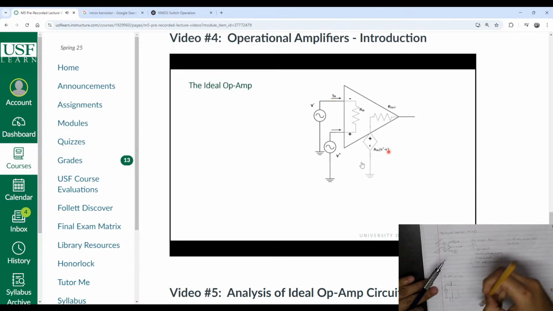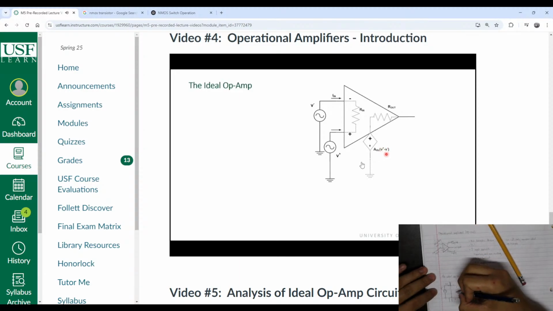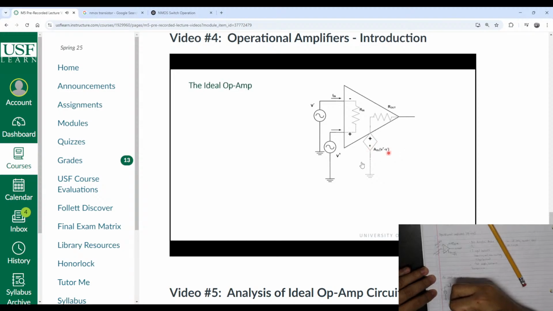In other words, it amplifies the voltage difference that appears at its terminals. It is going to take V plus minus V minus, multiply it by this gain, and that output will appear here, and ultimately across the output resistance. So if you hear people refer to the op-amp as a differential amplifier, that's exactly what it is. It amplifies the voltage difference at its input terminals. But it does a lot more.